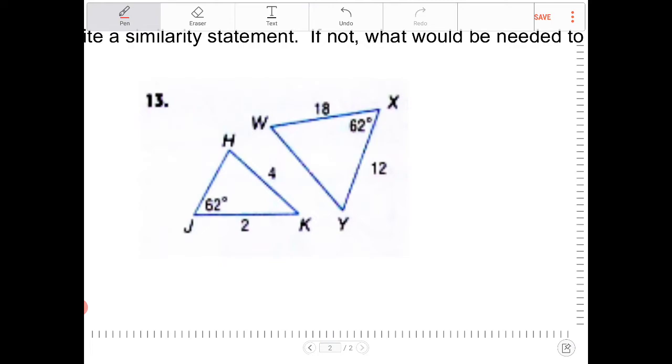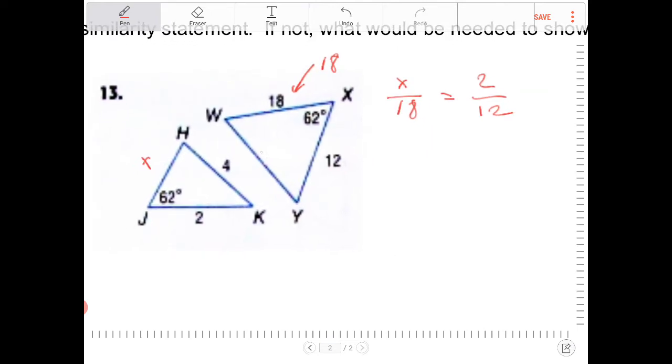Okay, next I have, I don't know this third side here. And if I knew this third side, then I can say, if I call that side length x, I set x corresponding with 18, this is 18 here, x to 18 is to 2 to 12. If that third side was shown, and then this guy over here is y, should be y to 4.